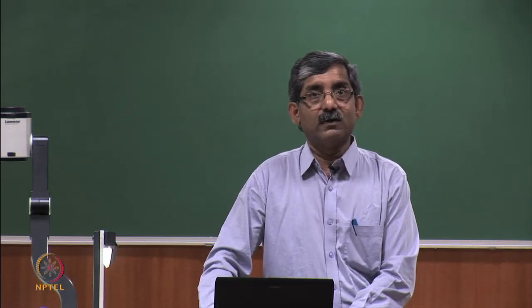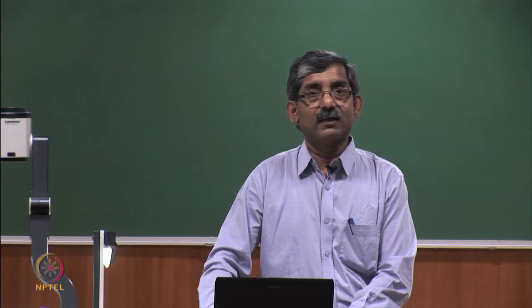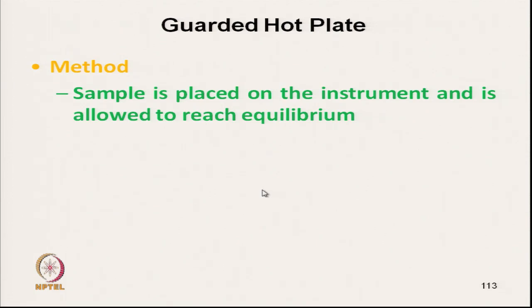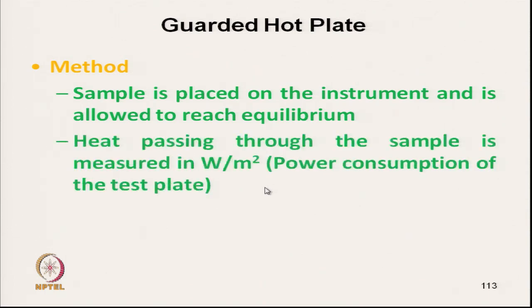So, the method is that the specimen is placed on the instrument and is allowed to reach the equilibrium condition. Heat passing through the sample is measured in watt per square meter, that is power consumed by the test plate per unit area.